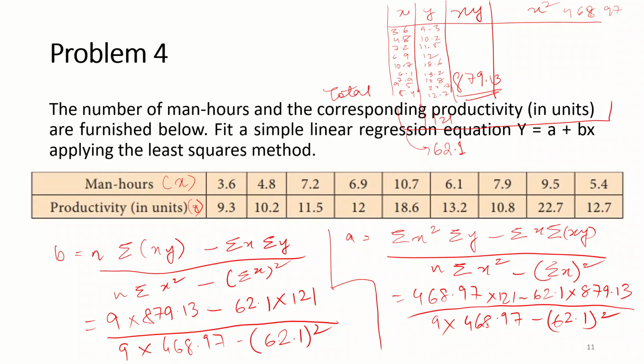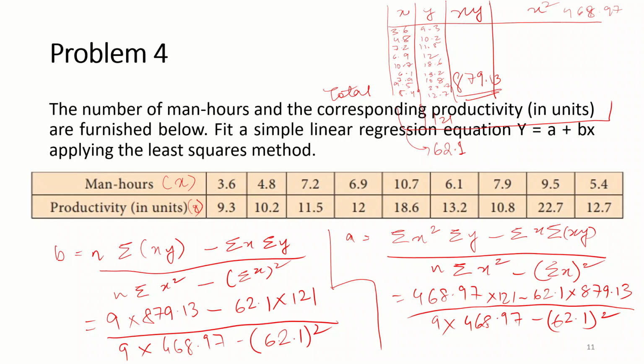To solve, B is coming 5.155. Everyone is getting, and A is yet to calculate.